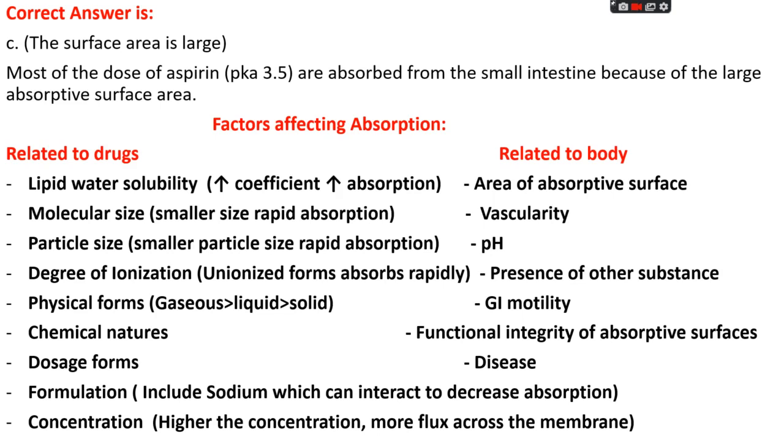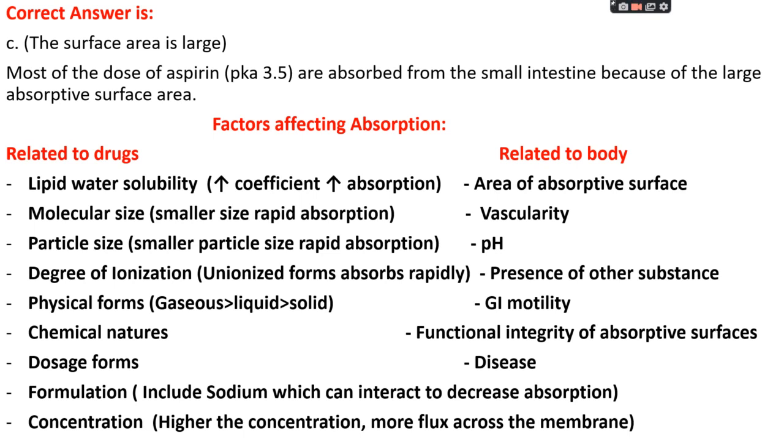Another factor is pH: the pH and the pKa of the drug are related to each other for absorption. Next is the presence of other substances, such as food eaten along with the drug, which may alter absorption.